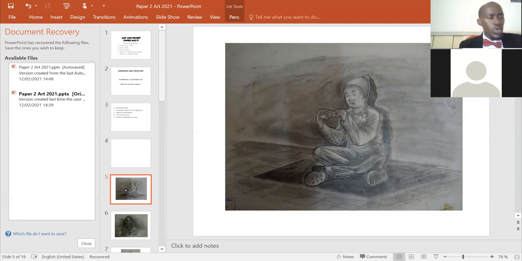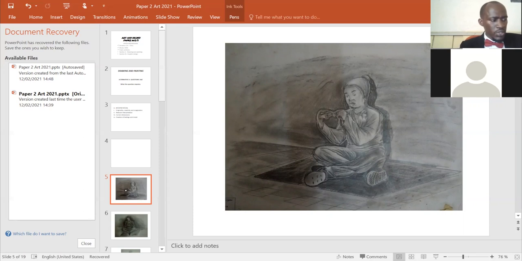Then you look under interpretation, try to see whether the learner put emphasis on the creation of feelings and moods. Is there evidence that the learner was able to capture the feelings and the mood of that particular composition?